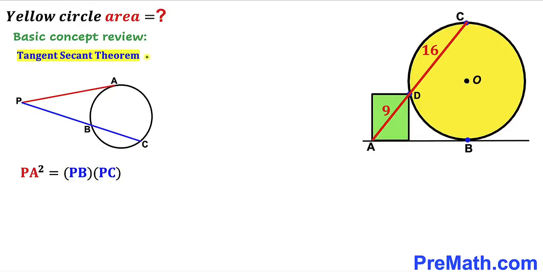Now we are going to apply this theorem to our given problem. So we can write this tangent AB squared equals segment AD times the whole segment AC.